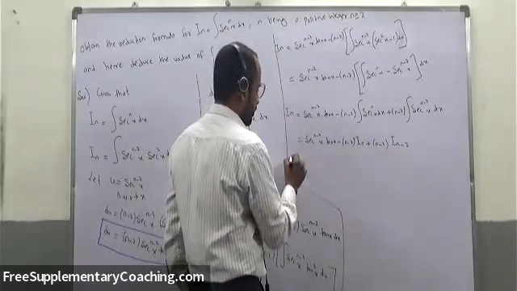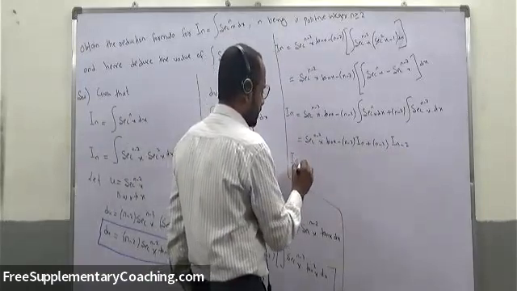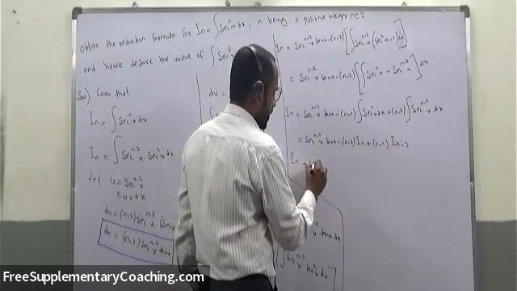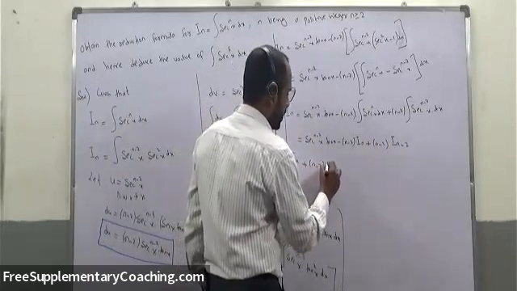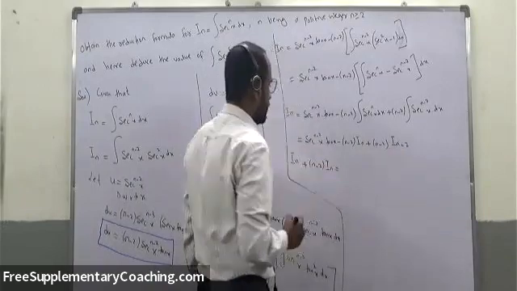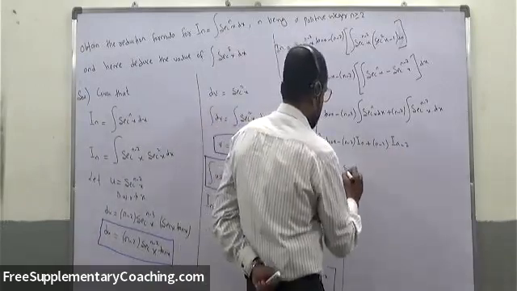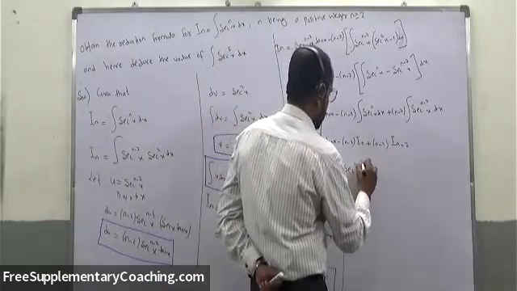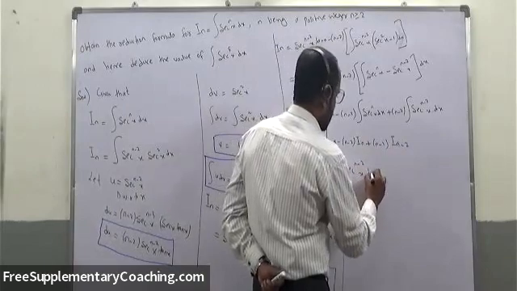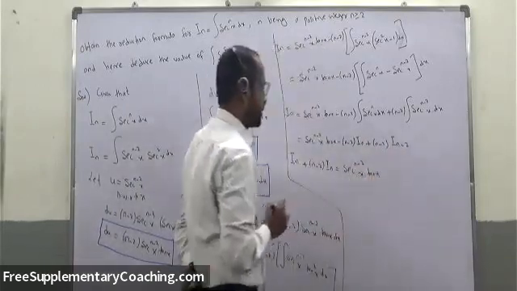Let's see what it becomes. I_n plus n minus 2 I_n is equal to secant power n minus 2 x into tan x.